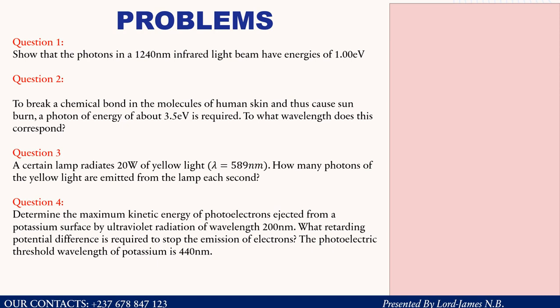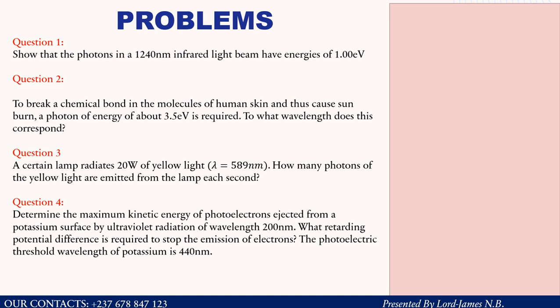Next question. A certain lamp radiates 20 watts of yellow light where the wavelength is 589 nanometers. How many photons of this yellow light are emitted from the lamp each second? Number 4. Determine the maximum kinetic energy of photoelectrons ejected from a potassium surface by ultraviolet radiation of wavelength 200 nanometers.